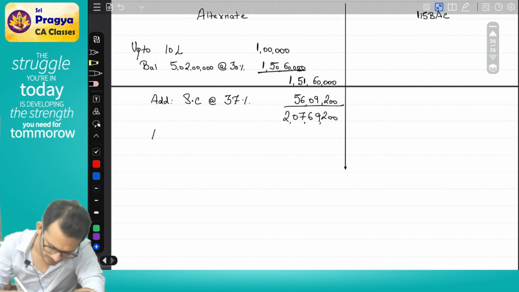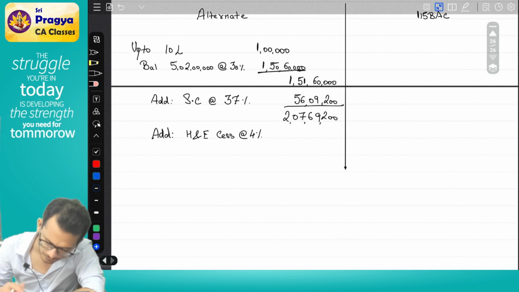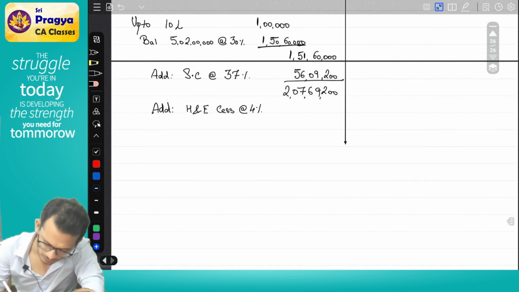Next step is to add health and education cess at the rate of 4%, which is 8,30,768.